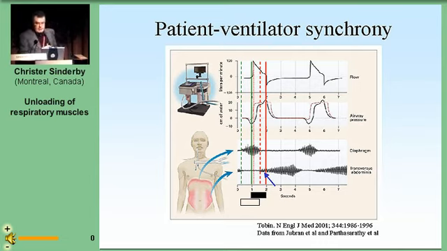Martin Tobin showed this excellent graph in the New England Journal of Medicine, and I will borrow it to exemplify what unloading comes to when it comes to patient-triggered ventilation with pressure and flow triggers when we have intrinsic PEEP. These first two lines indicate the onset of the ventilatory assist and the end of the ventilatory assist.